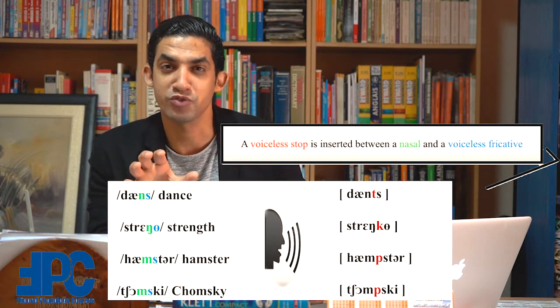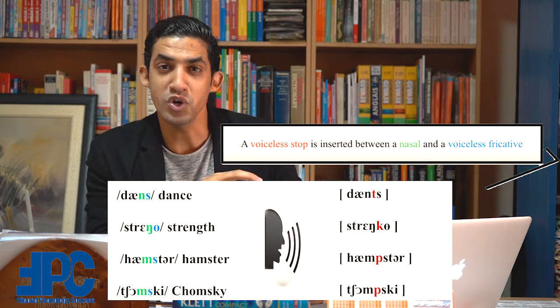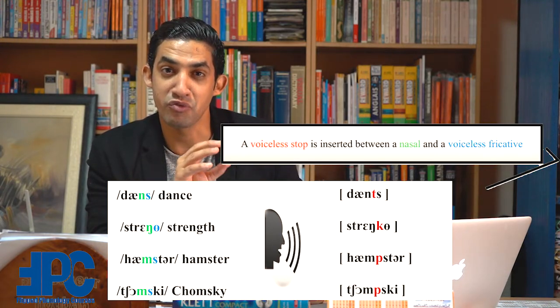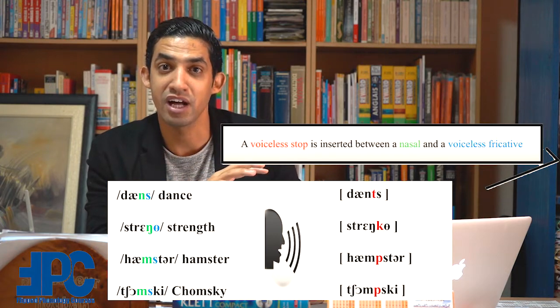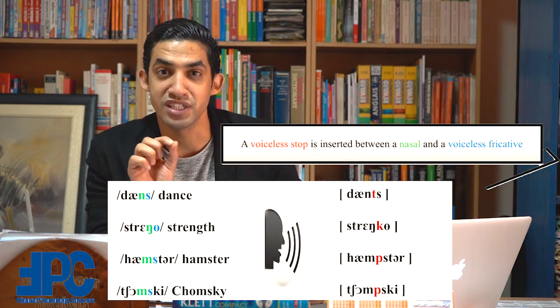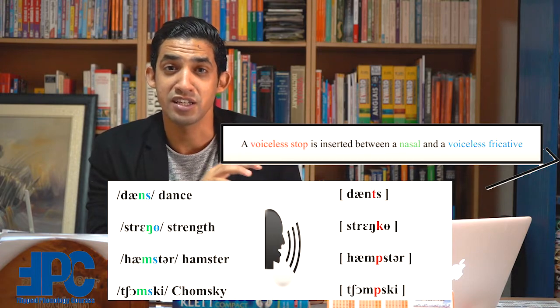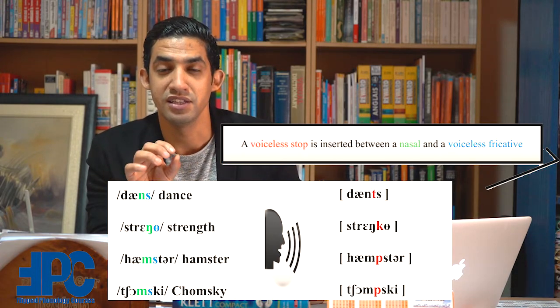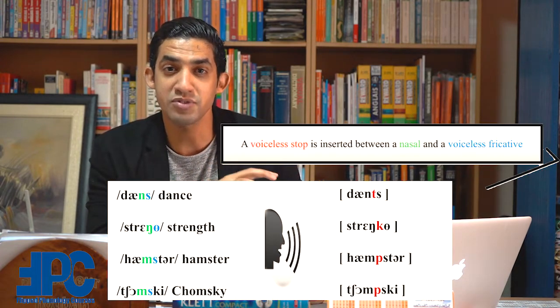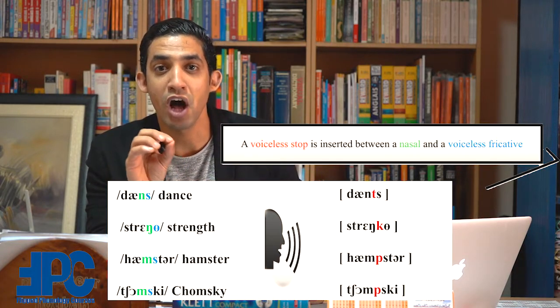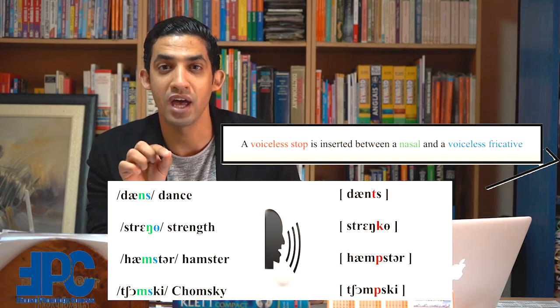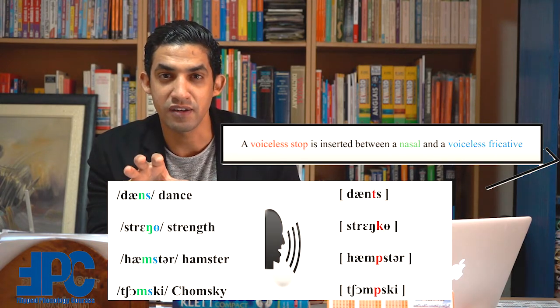Some speakers of English, when they pronounce these words, insert a voiceless stop between a nasal and a voiceless fricative. Dance becomes dants. They insert the t. Strength becomes strengkth. They insert the k. Hamster and Chomsky become hampster and Chompsky. They insert the p.